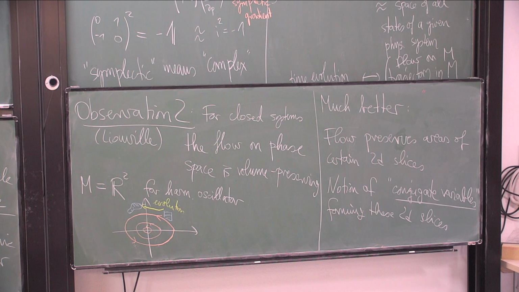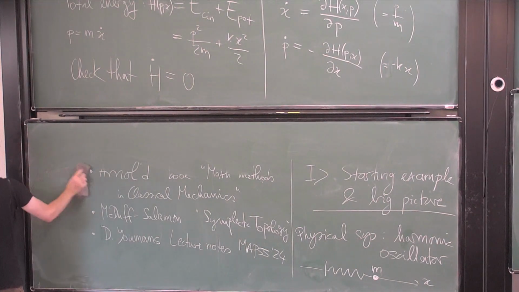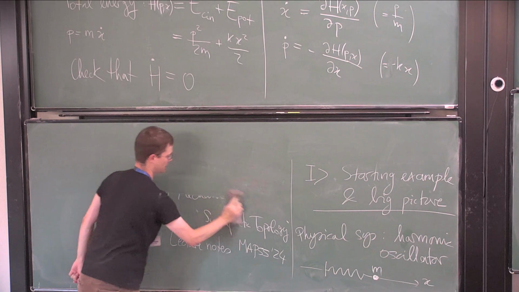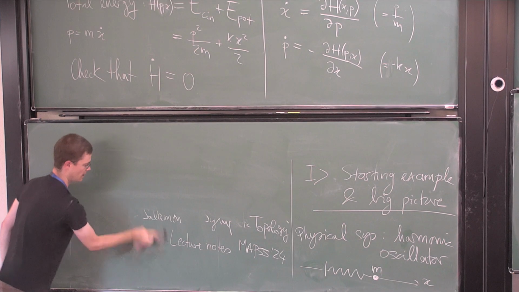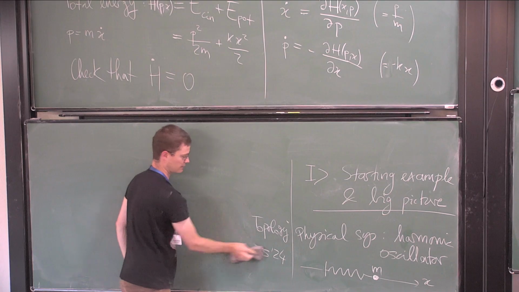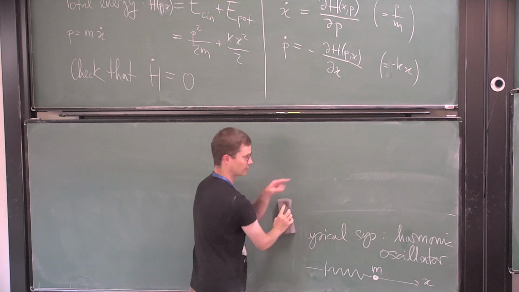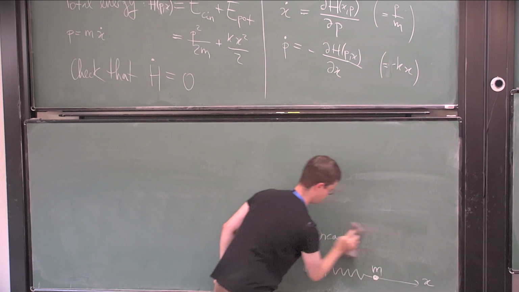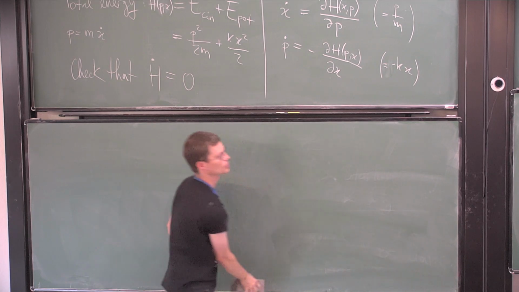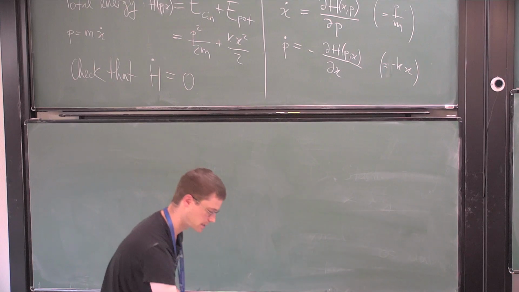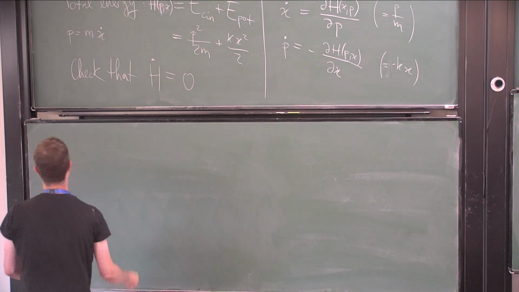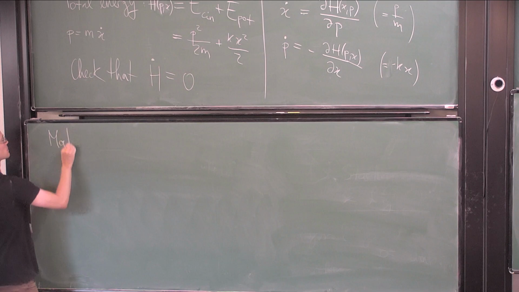So we have something which is better than a volume. And you can ask, mathematically, what is it? What is this better structure giving this notion of conjugate variables and this notion of certain areas which are preserved? Well, the answer is that there's this symplectic structure.